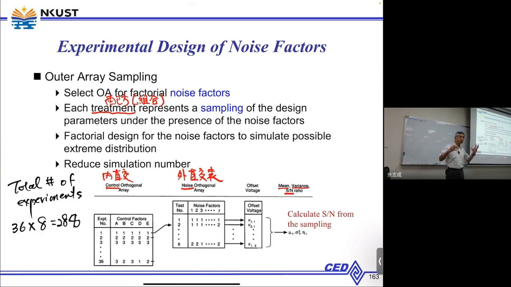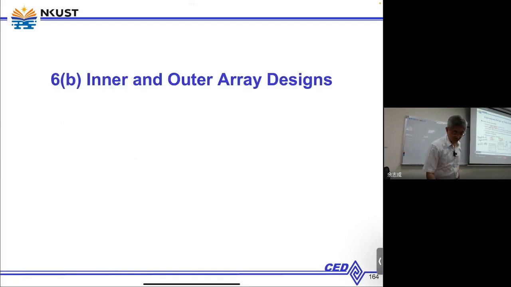Although we already reduced the number of samples in the outer array to try to get balanced and symmetric samples, so we can understand the influence of the noise factors, there are still a lot of experiments to be done if we are using this cross array experiment.